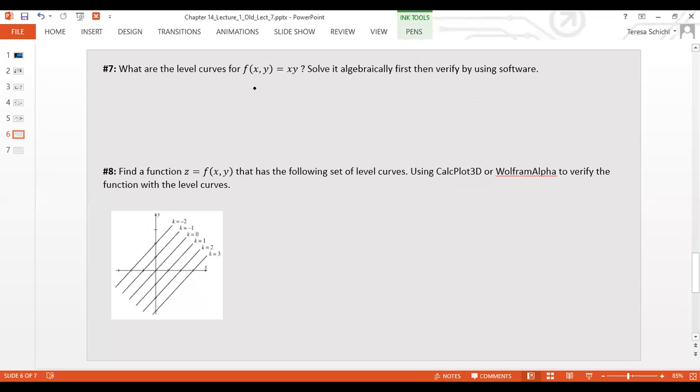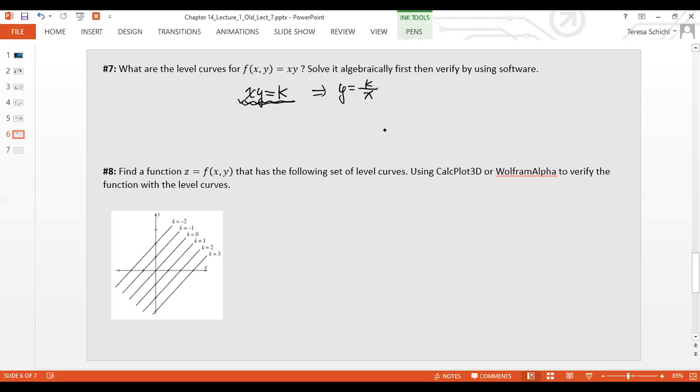So for the level curve, we know xy is equal to the value of k. Oh, I recognize this. What type of function is xy equal to k? That means y equals k over x. Do we recognize this type of function?